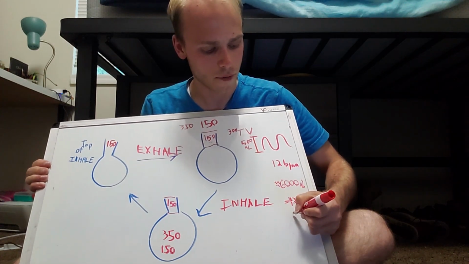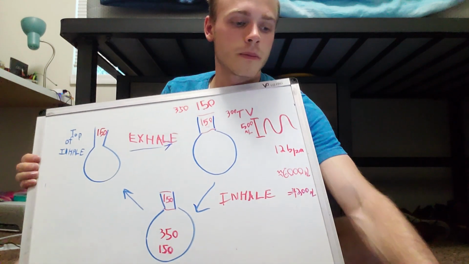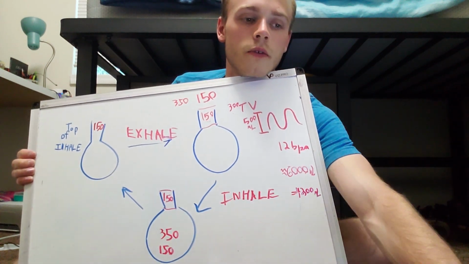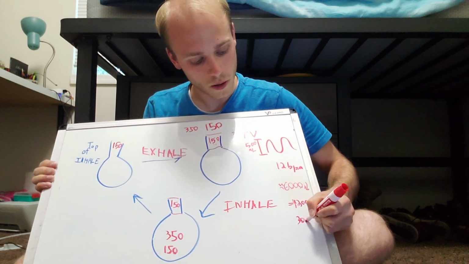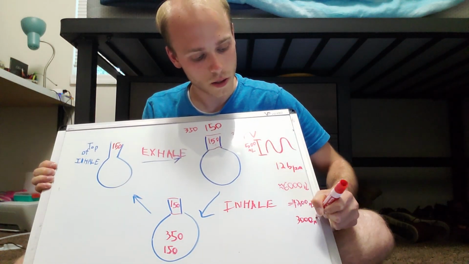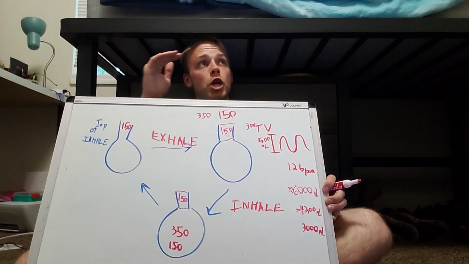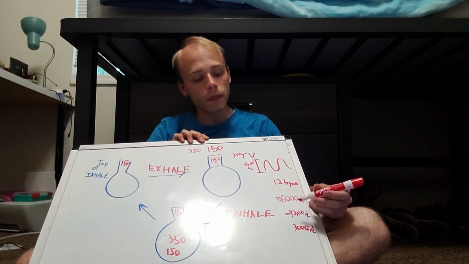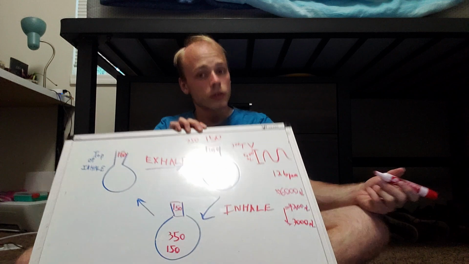Maybe you're not breathing quite that fast. That would not be good. So you're breathing at like 20. So 150 times 20 is only getting you 3,000 milliliters. So if you start breathing shallow and really rapid, the amount of oxygen that you're getting significantly drops.